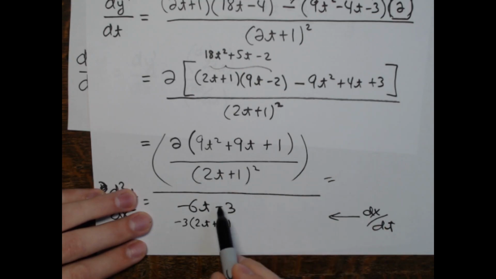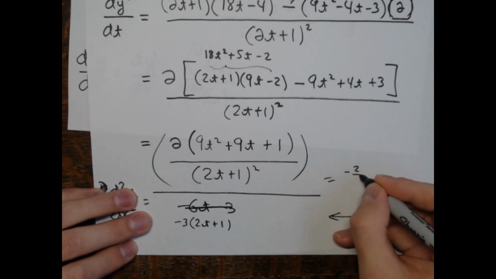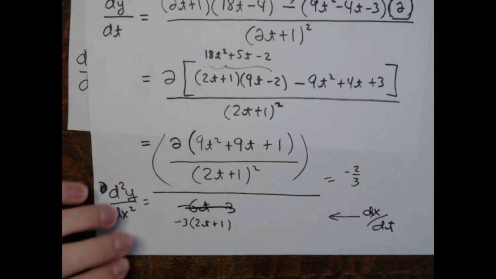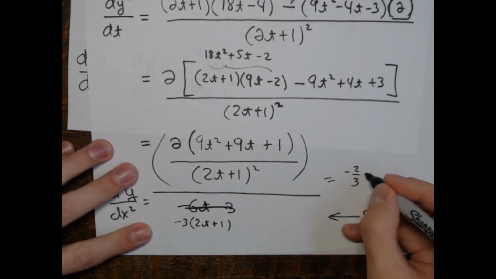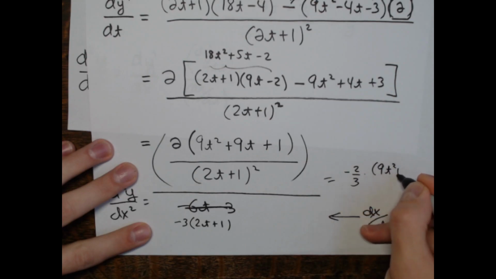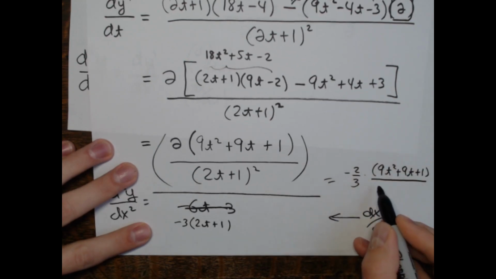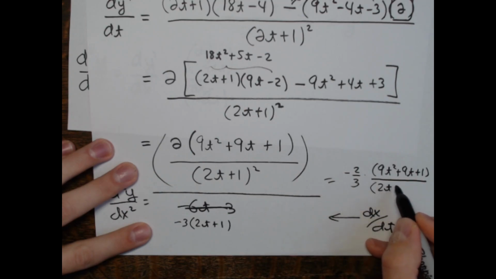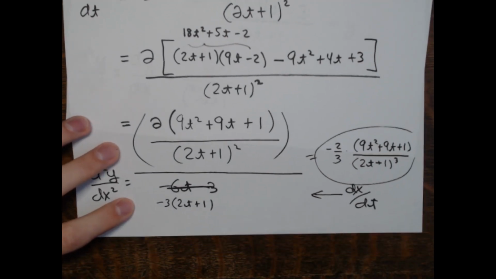You'd have those two in the denominator. And then we have negative 2/3, so 2 over negative 3, times your numerator, 9t squared plus 9t plus 1, and then down here 2t plus 1 cubed. And this is what I'm going to type in.